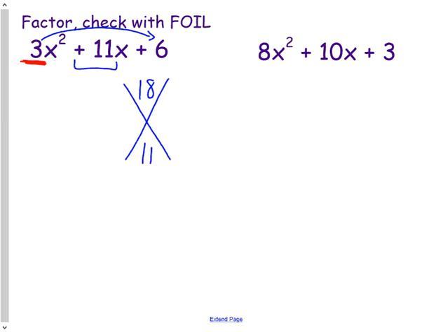Now, 18 is 3 times 6, 2 times 9, oh, there it was, 2 times 9 multiplies to equal 18 and adds to equal 11. Now, here's how the process goes. Differently from yesterday, we need to bring this 3 back into consideration.